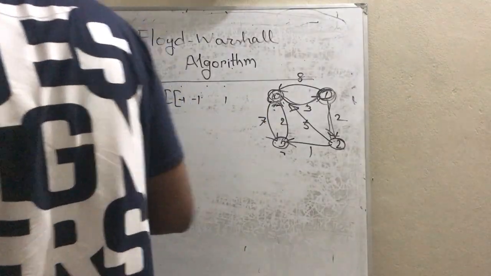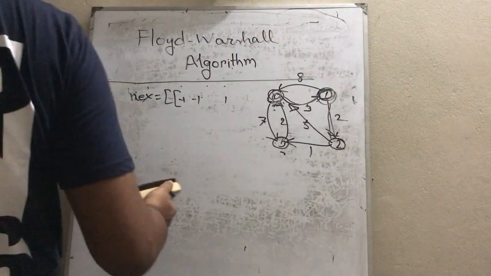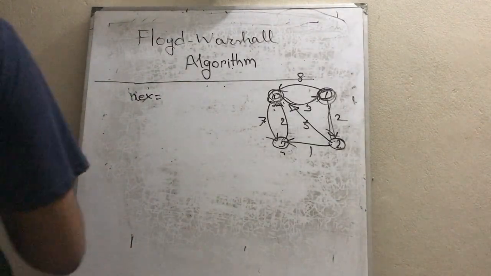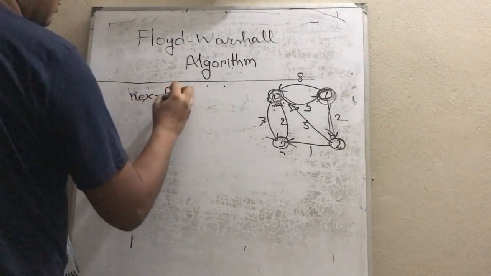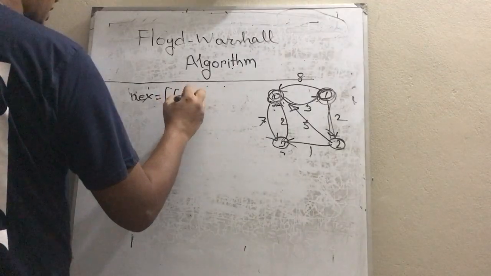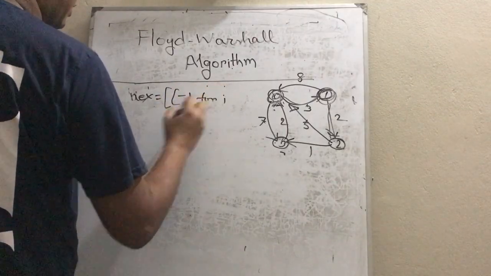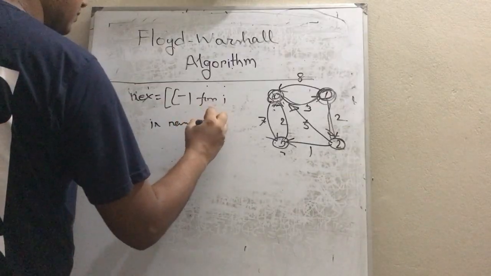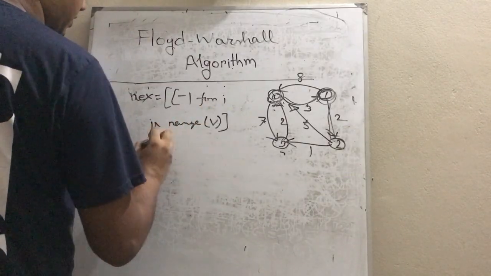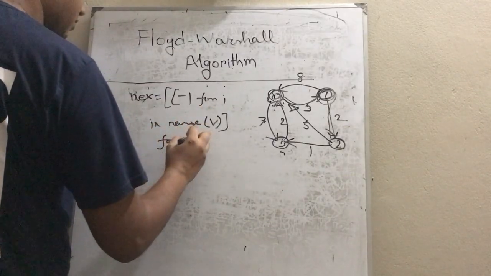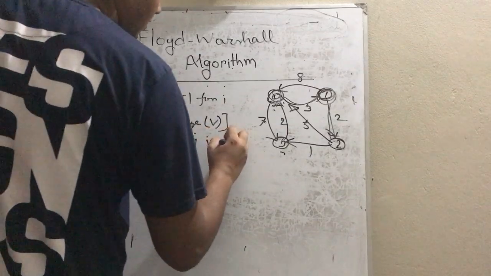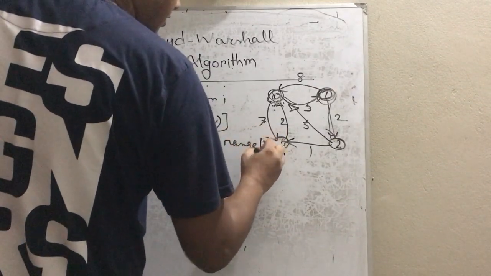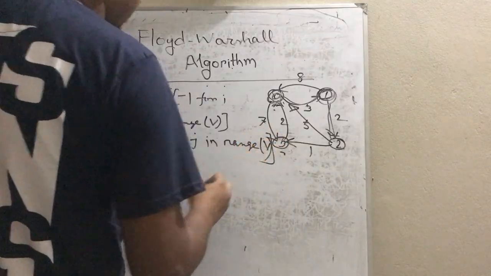So how to declare -1 for i in range V, again for j in range V. What is V? V is the number of vertices.